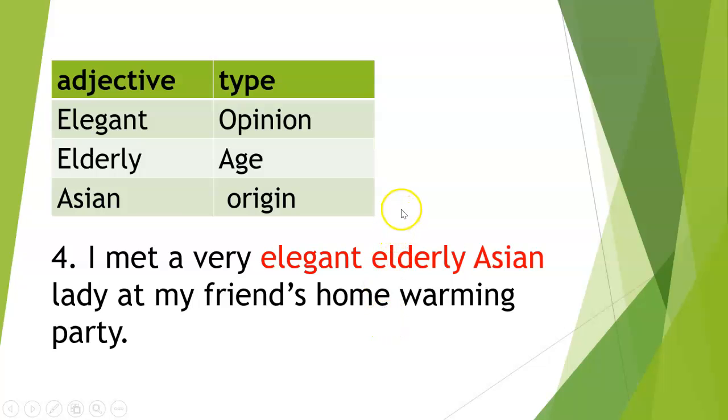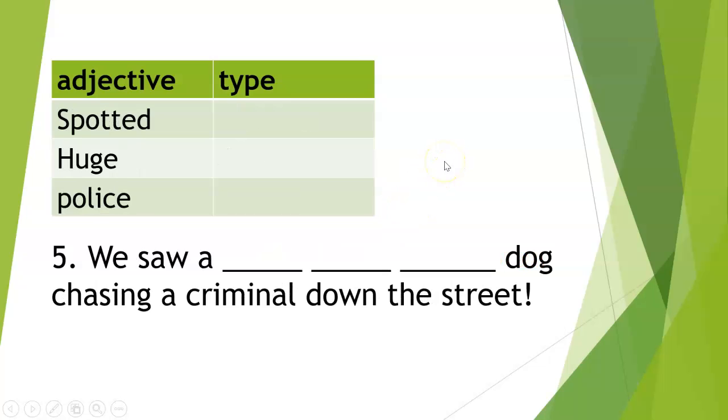Okay, let's move along and let's take a look at number 5. Adjectives are spotted, huge, police. We saw a blank blank blank dog chasing a criminal down the street.